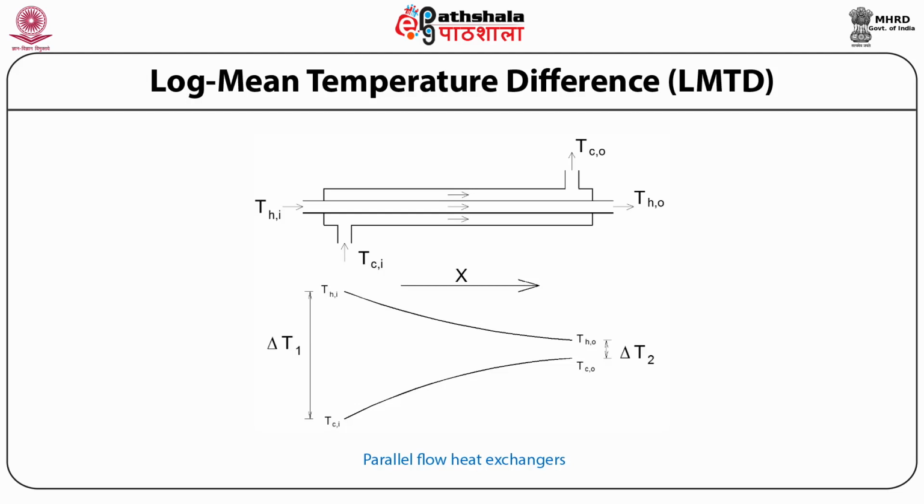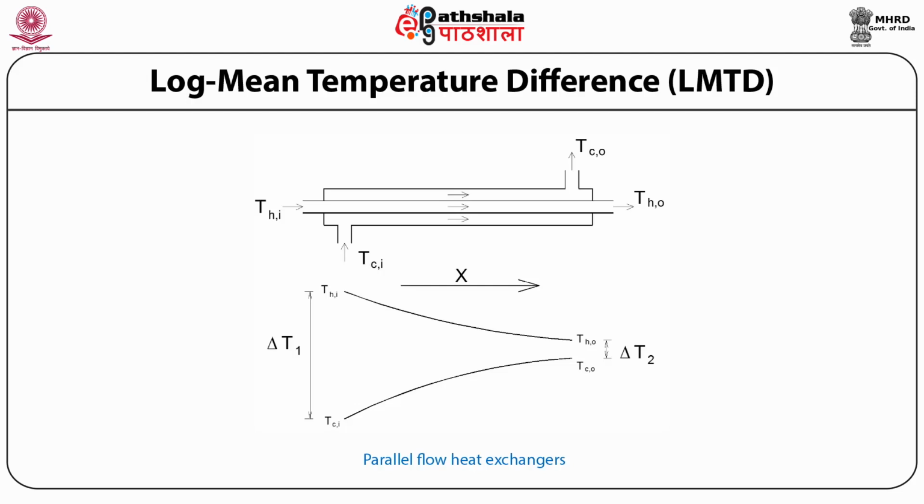Here I have diagrammatically shown how the temperature varies along the length of the pipe, denoted as x. It is seen that the temperature of the cold fluid is increasing from Tci to Tco, and the temperature of the hot fluid is decreasing from Thi to Tho.